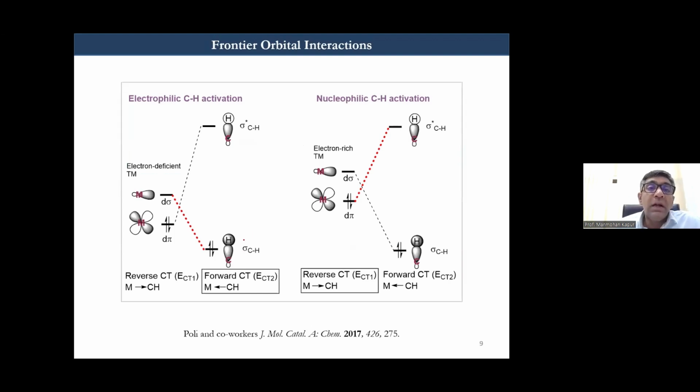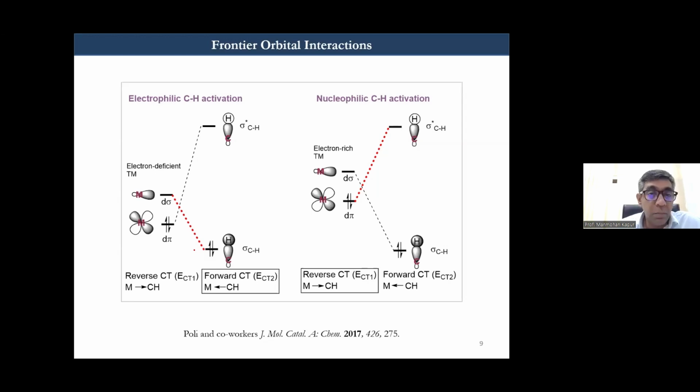Now, for CH activation, you can have two types. One is the electrophilic CH activation. The other is a nucleophilic type of CH activation, depending on whether the transition metal complex involved is electron deficient or electron rich. So based on this, you can define whether the forward charge transfer dominates or the reverse charge transfer dominates.